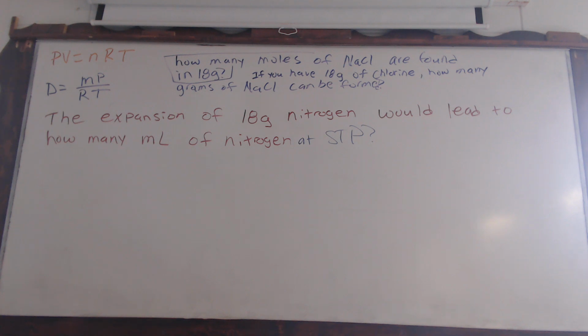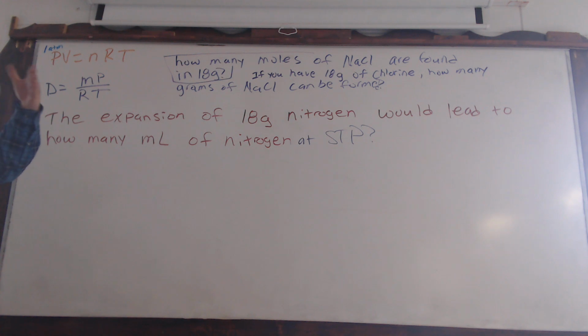So there are some presumptions that can be made when we're dealing with a gas at STP. Does anyone remember what the pressure of a gas at STP is? 1 atmosphere. So pressure is 1 atmosphere. Now, we're looking for volume, so we can't use that as a presumption.